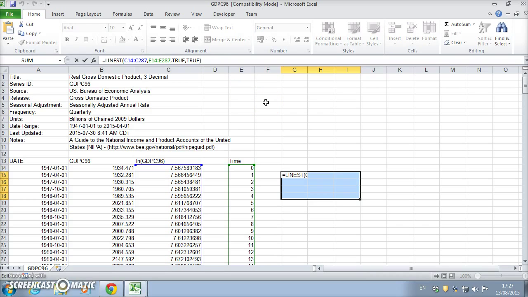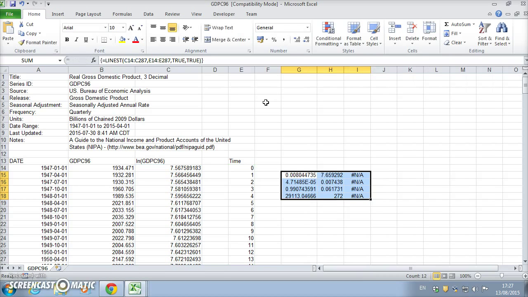So Control Shift Enter, and what this provides us with is, in the first instance, the constant, which is relatively close to our 7.65, and this term here represents the growth rate over the entire period.